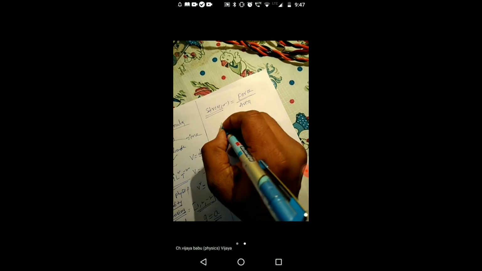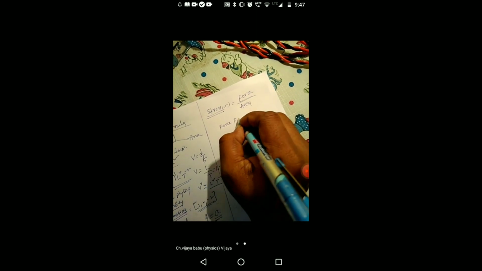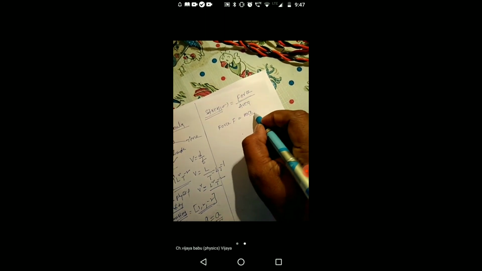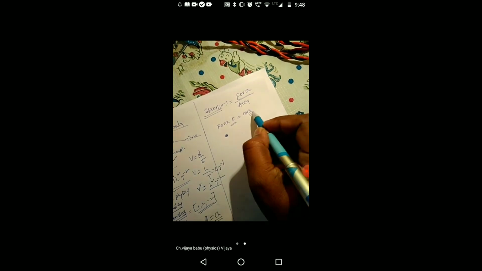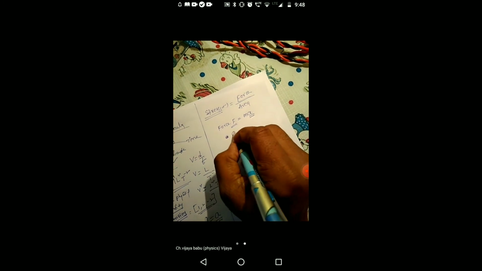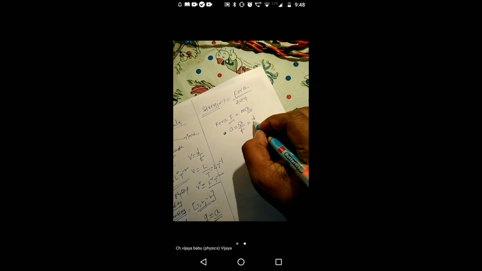Force dimensional formula you can see. Force F equal to mass into acceleration. If you want to write the dimensions of force, first you have to write acceleration. Acceleration A equal to velocity by time. Velocity equal to displacement by time.